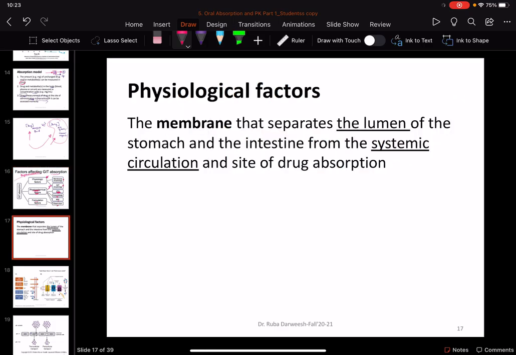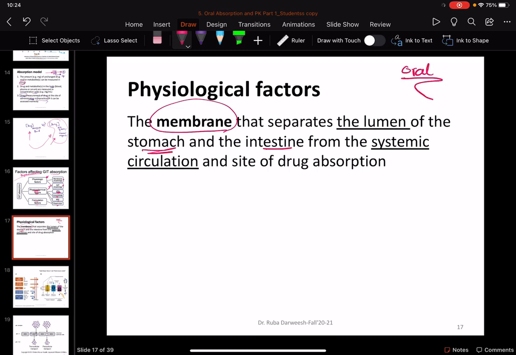For the physiological factors, we know that the membranes in the physiological system are lipophilic in general, in nature, whatever the membrane we are talking about. But if you are talking about oral administration, we are interested in the membranes of the GI, and whatever is separating the GI lumen from the systemic circulation.